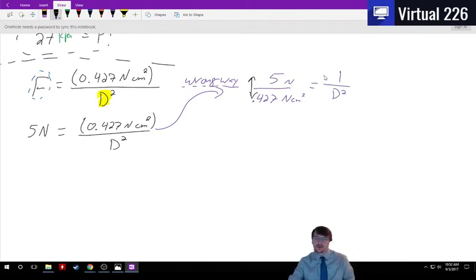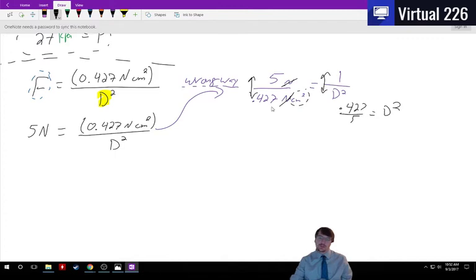You can swap the tops and bottoms and call it a day. You have to do that because these newtons are going to cancel out, and your centimeters are down below anyway, and you actually want a distance, not 1 over a distance. So this isn't super helpful. What we need instead is 0.427 over 5 equals d squared, and that's what the flip would be.